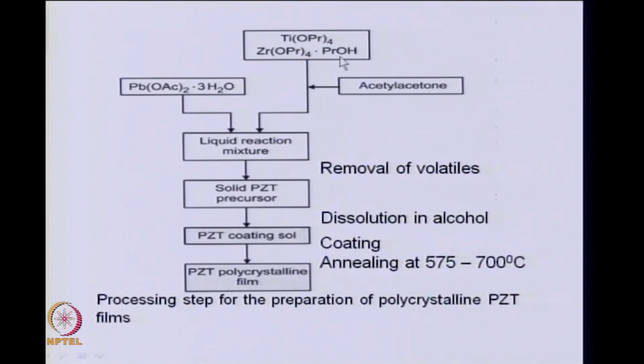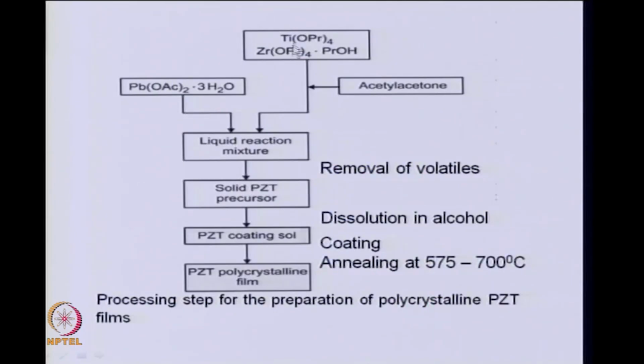So, this is propyl alcohol or propanol, and then you add acetyl acetone, a ligand, and simultaneously you add lead acetate hydrated. So, you dissolve it in water and add the solution of lead acetate. So, basically it will have lead ions in solution.